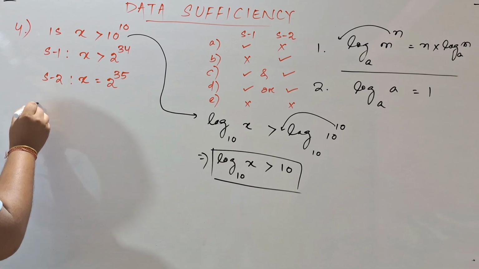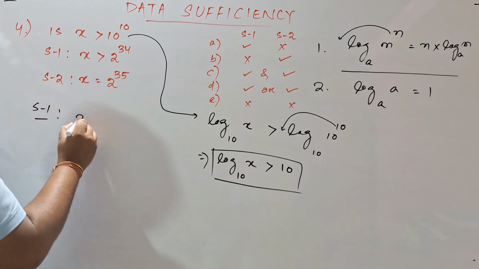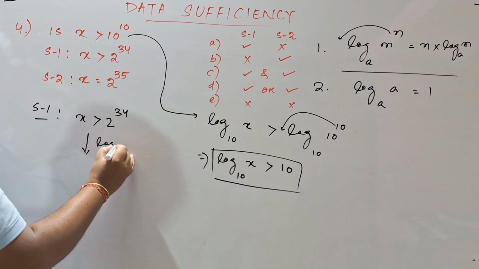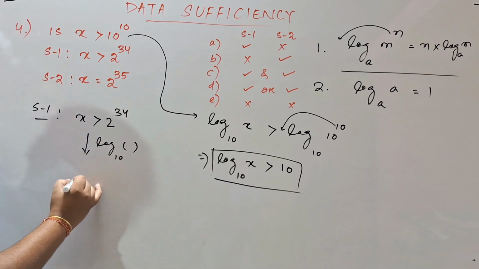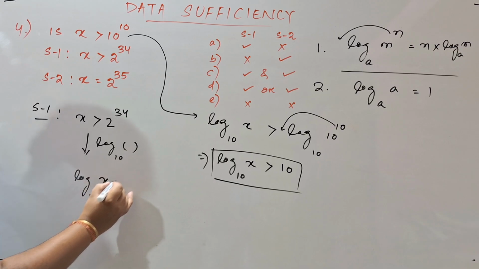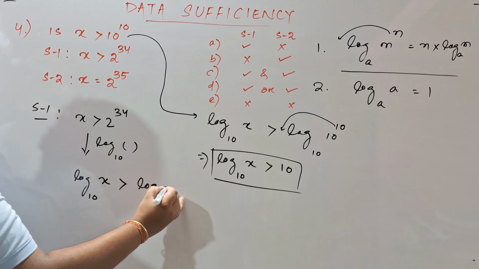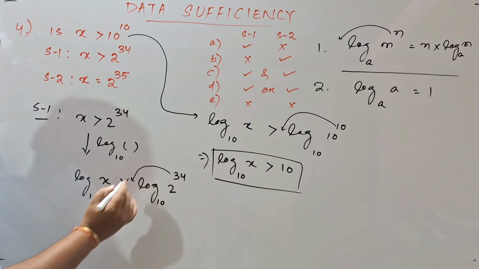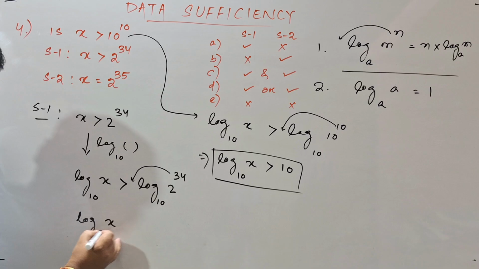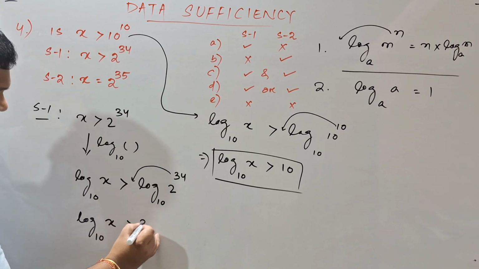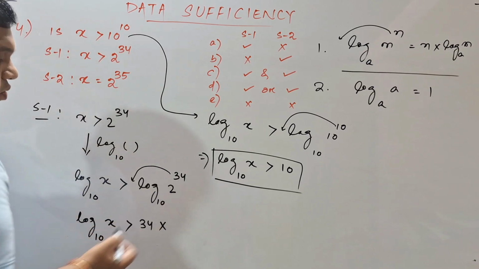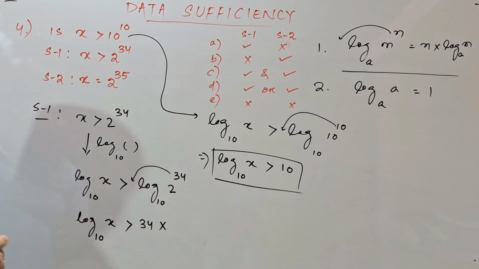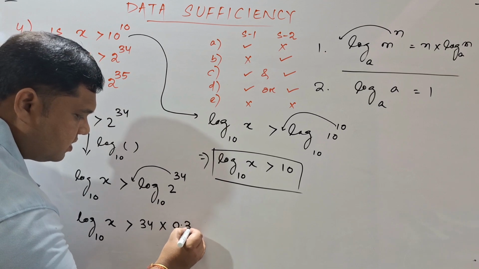So individually, first of all, I will evaluate statement 1. Here x is greater than 2 to the power 34. If I take log both sides, log x to the base 10 is greater than log 2 to the power 34 to the base 10. 34 comes to this side. So log x to the base 10 is greater than 34 into log 2. What is the value of log 2? It's an irrational number, but if after decimal I consider 2 digits, its approximate value is 0.30.